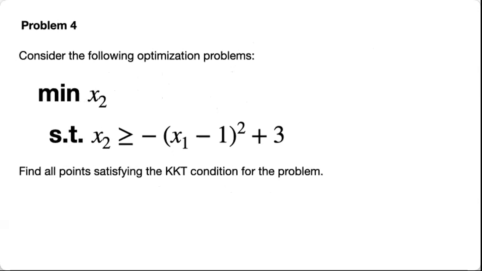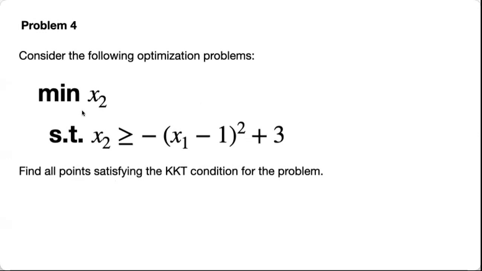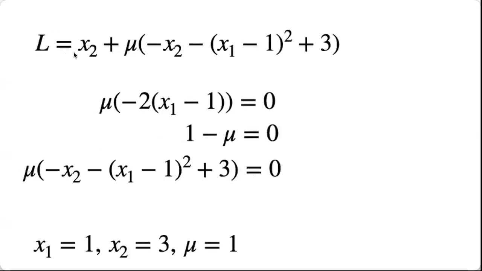Well, we move to problem 4. We want to minimize x2, and we have one inequality constraint. The problem asks us to find all points satisfying the KKT condition. To solve it, we have to set up the KKT condition first, starting from the Lagrange function.